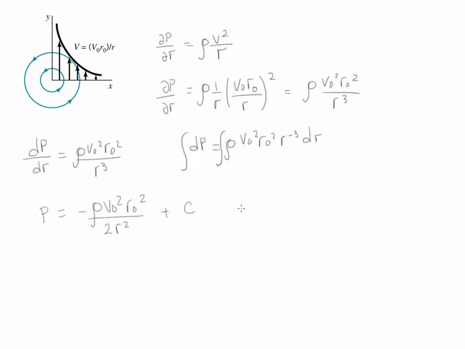To get the value of c, we apply the boundary condition that p is equal to p0 when r is equal to r0, and we substitute into this equation.